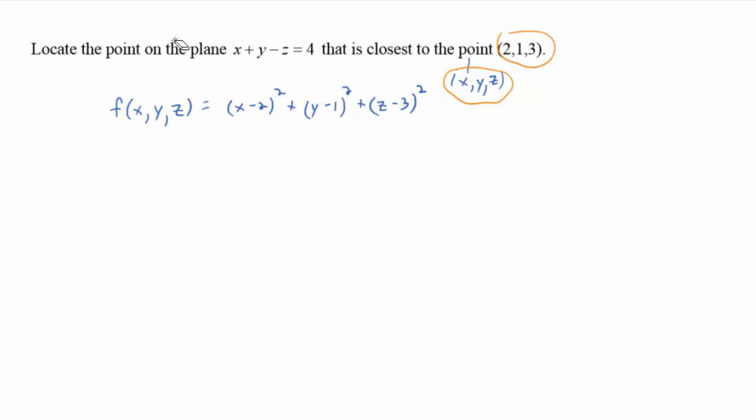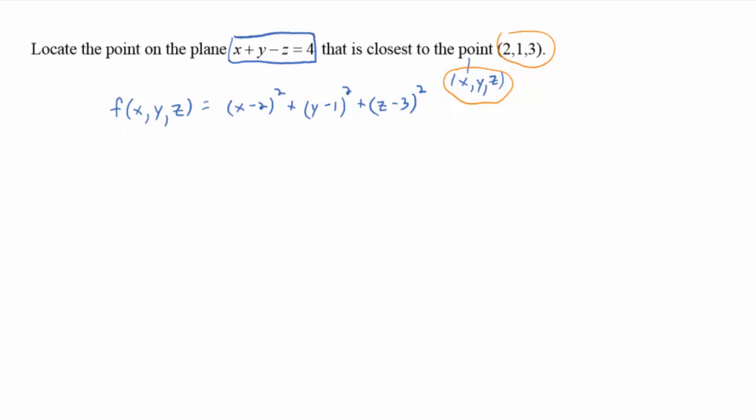So you guys tell me, how could we maybe get z? What could we use here to get z in terms of x and y? Well, this equation. The point x, y, z has to be on the plane, so it has to satisfy that equation.